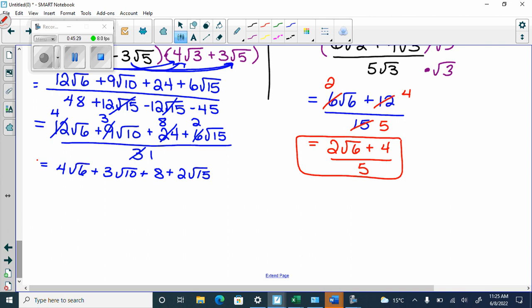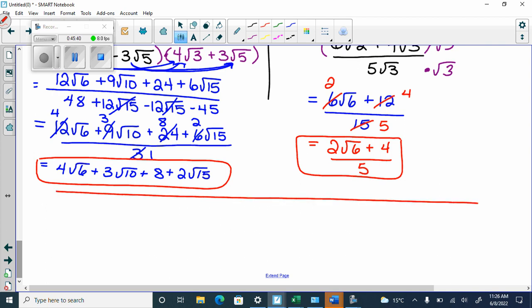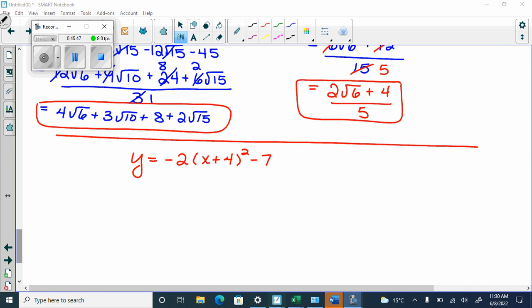Okay, last question, what I want you to do. I want this in standard form, and I want the y-intercept. Standard form. So, we write it out twice.